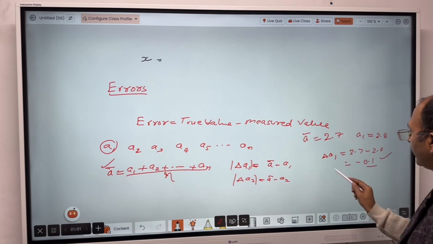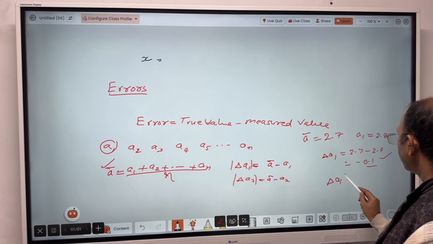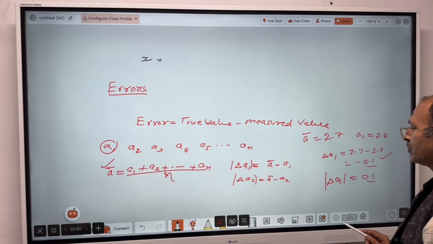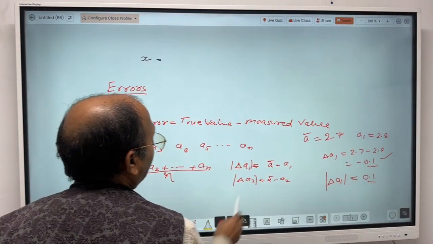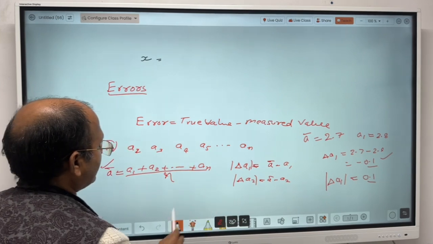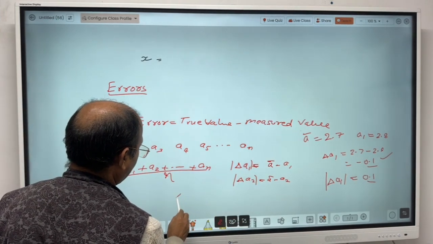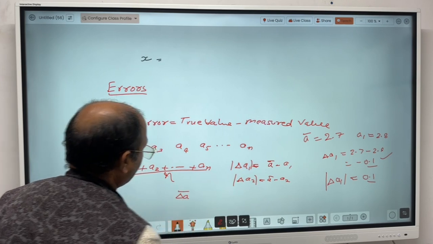So this is a negative value, but while taking it into account, we take its modulus value, so that will be just 0.1. Now, after calculating these errors, what do we do? Again, we find their average.